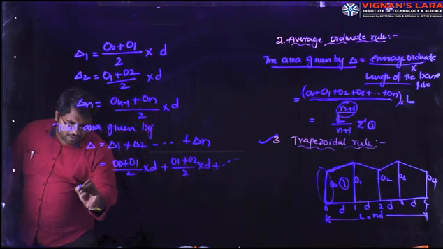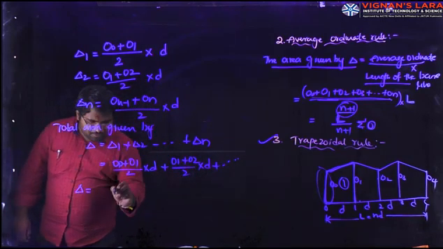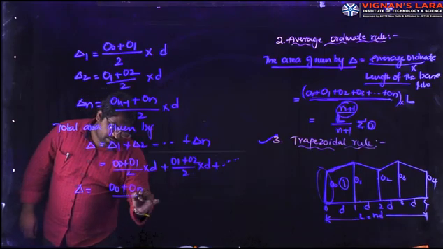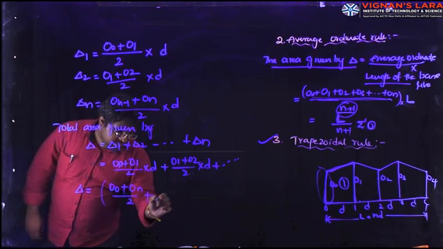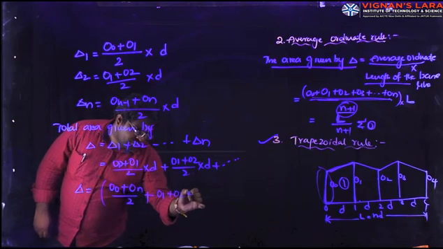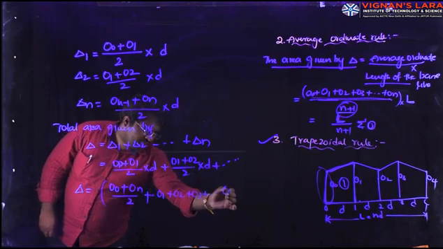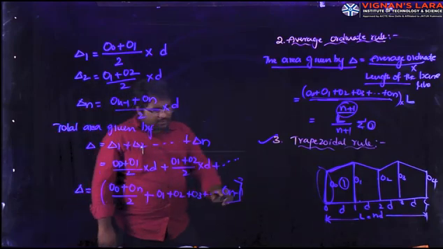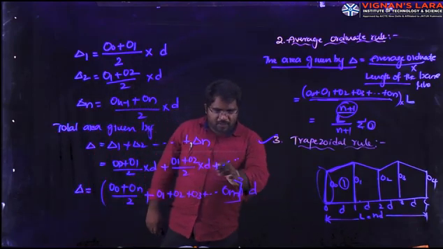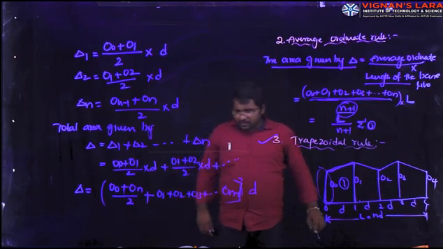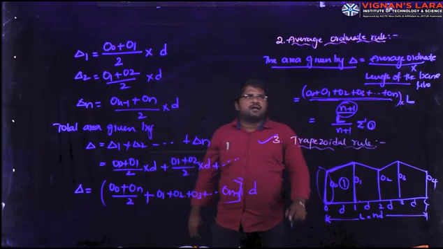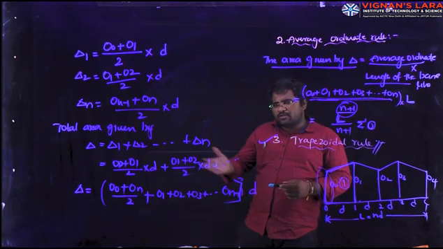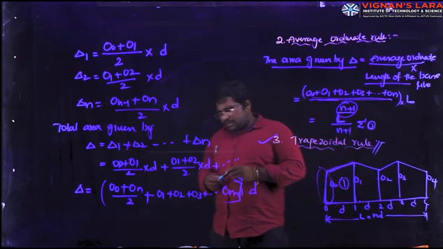Finally we get delta equals O0 plus On divided by 2 plus O1, O2, O3 and so on up to On minus 1, into the common d. This is called the trapezoidal rule, and that is its definition.